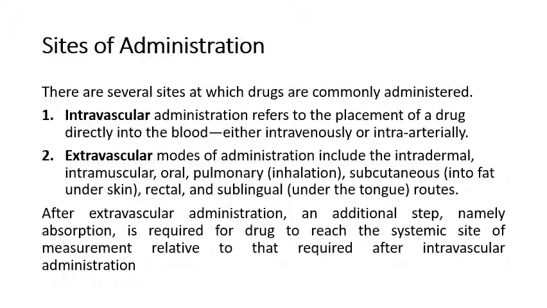In general, the sites to which drugs are commonly administered can be divided into two major groups. These are intravascular administration, which refers to the placement of a drug directly into the blood, either intravenously to the veins or intraarterially to the arteries. The other group is the extravascular modes of administration, which includes the intradermal, intramuscular, oral, pulmonary, subcutaneous, rectal, and sublingual routes.